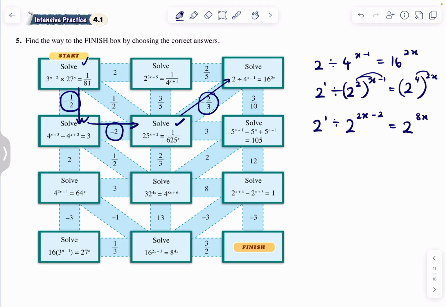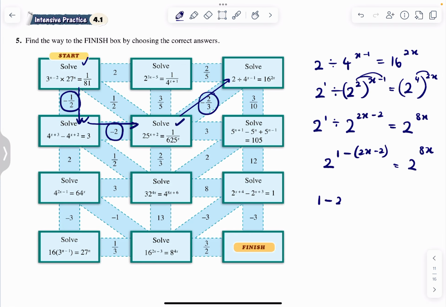So now 2 divide, right? So this will be minusing this. So 1 minus (2x minus 2). Don't forget the bracket. 2 power 8x. So now the base is the same. We can compare the power.